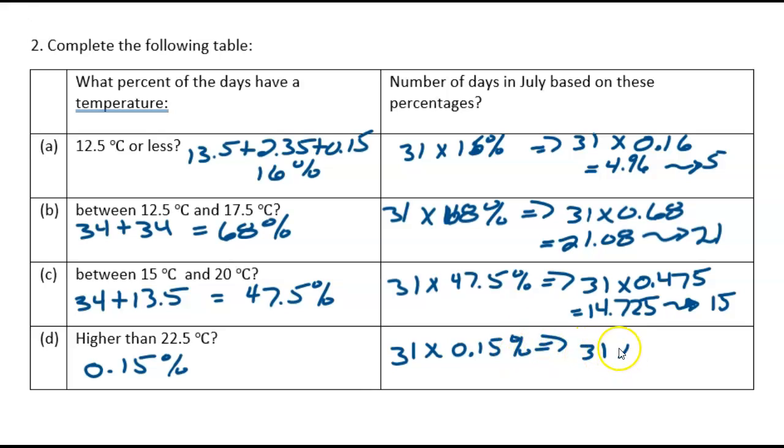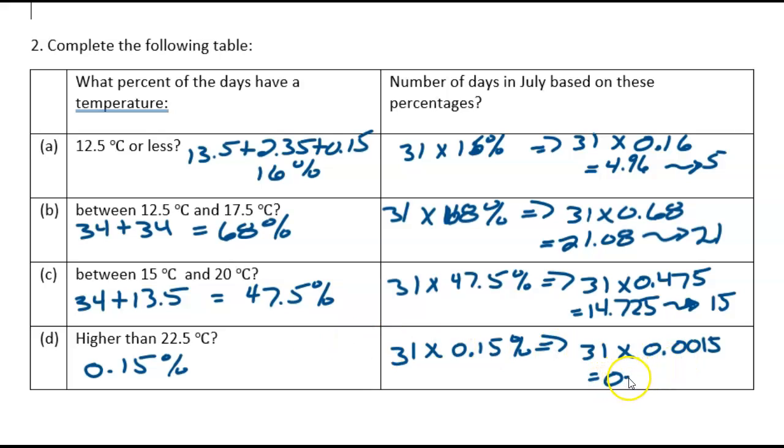So we have 31 times 0.15%. Oops. Now, have to divide that by 100. So 31 times 0.0015.